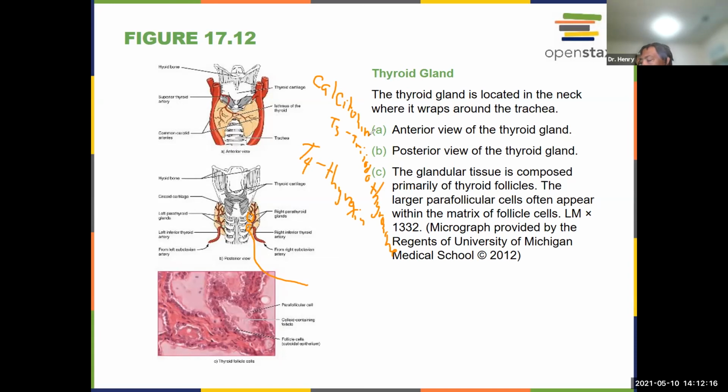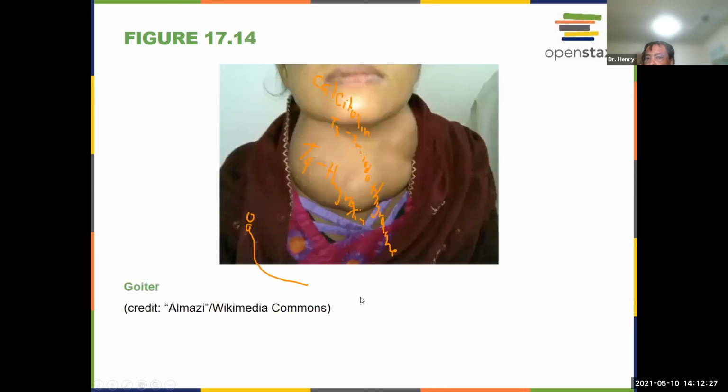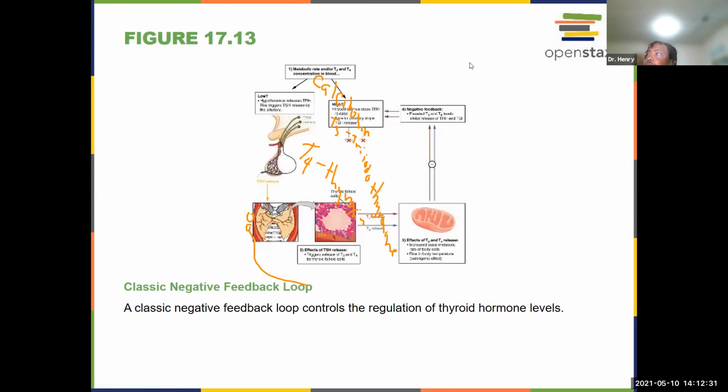Okay, so if our metabolic rate, or the concentration of the T3 or the T4, is low, that's going to cause the hypothalamus to release the thyroid releasing hormone, and that's going to trigger the thyroid stimulating hormone to be released by the pituitary gland.